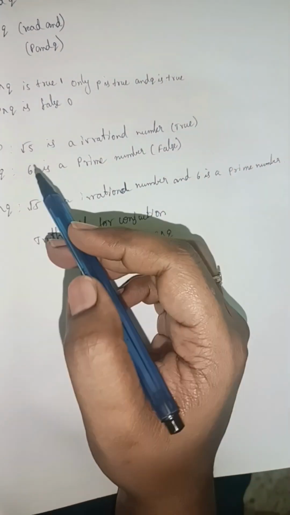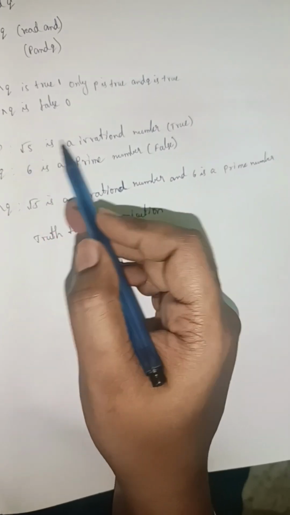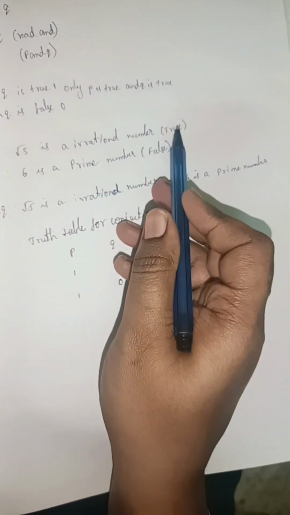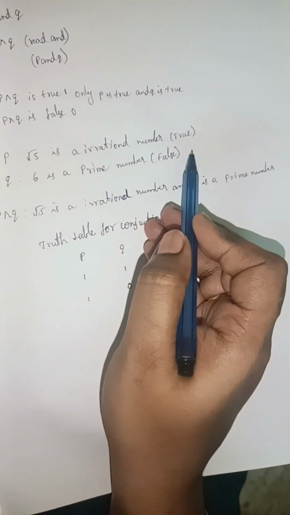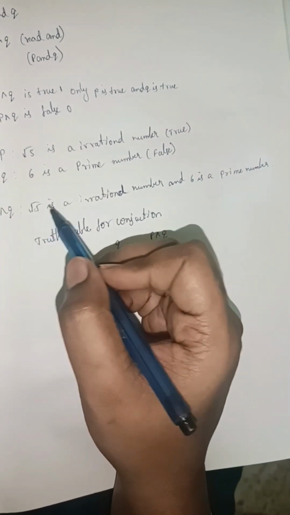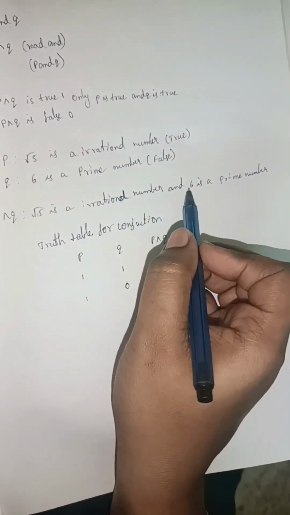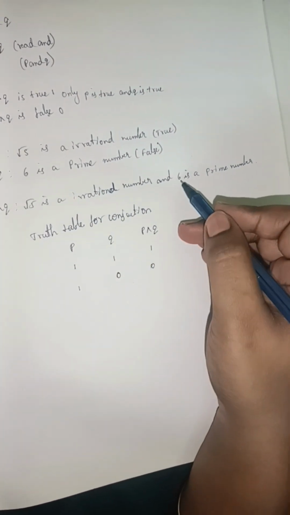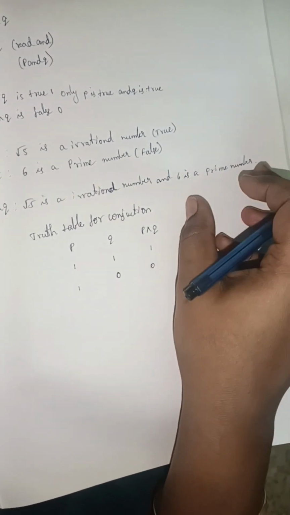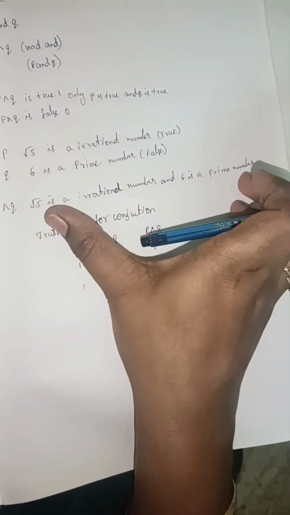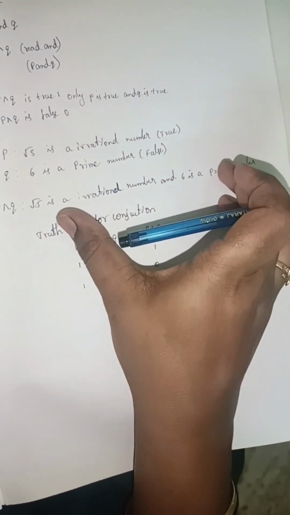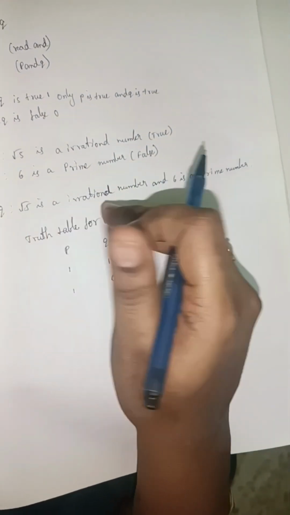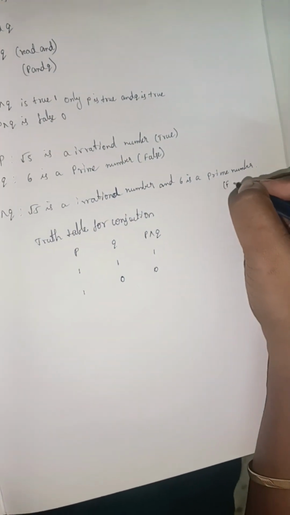Like that: root 5 is an irrational number is true, 6 is a prime number is false, so P and Q is a false statement. Both combined, it becomes false.